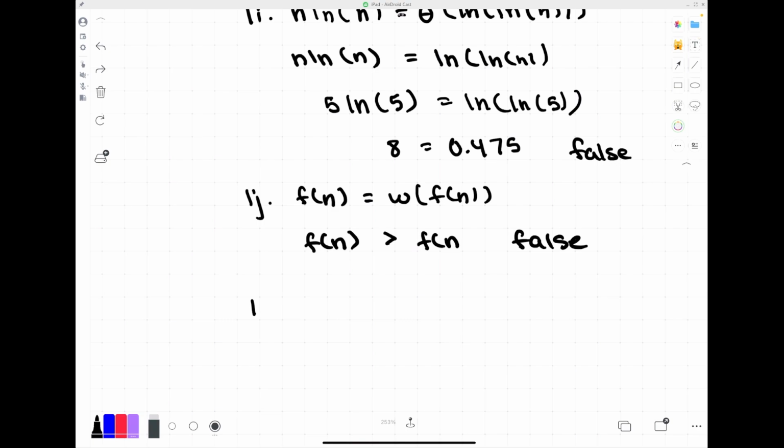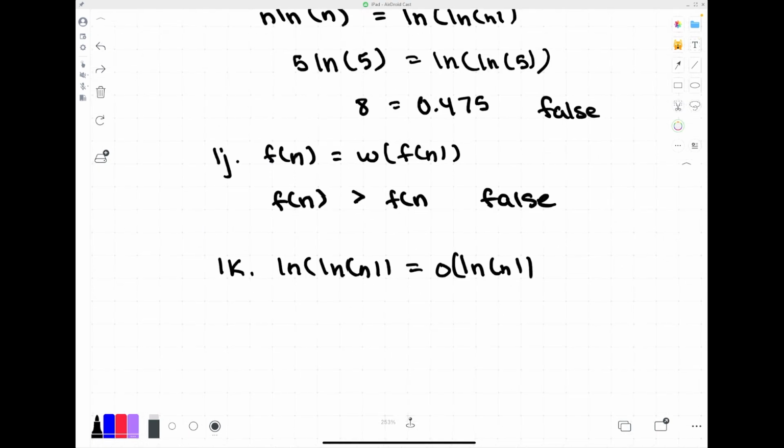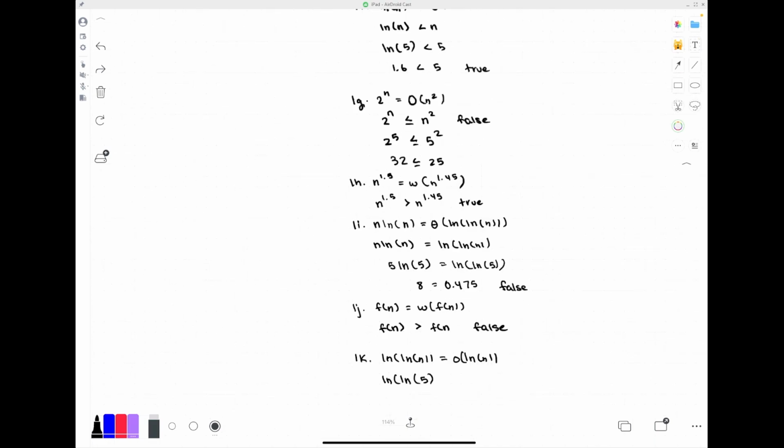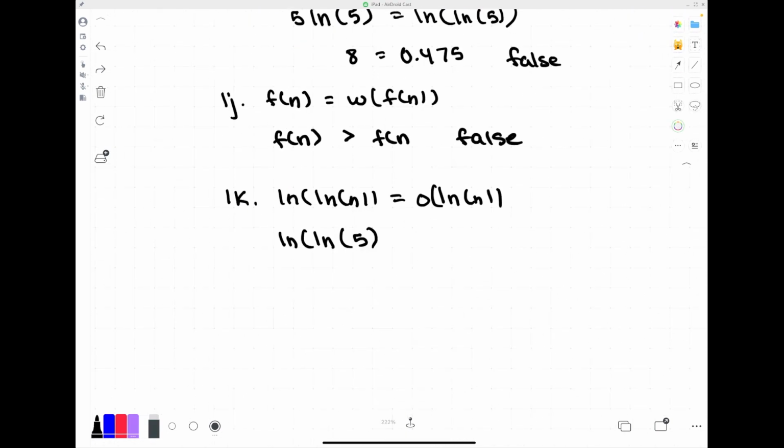So now we can do 1k: ln n is equal to small o of ln n. So ln of, let's say, 5, and small o is less than ln of 5.